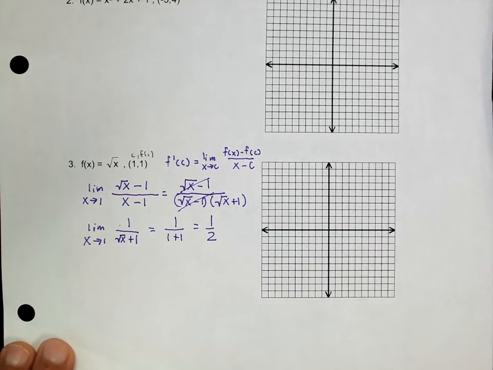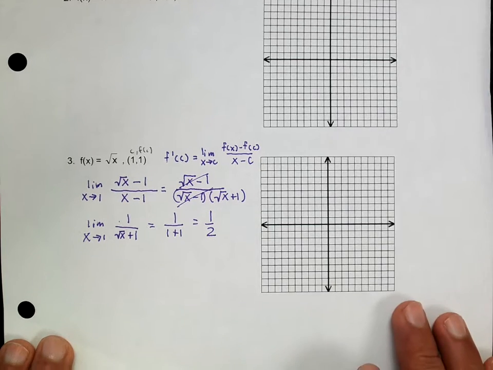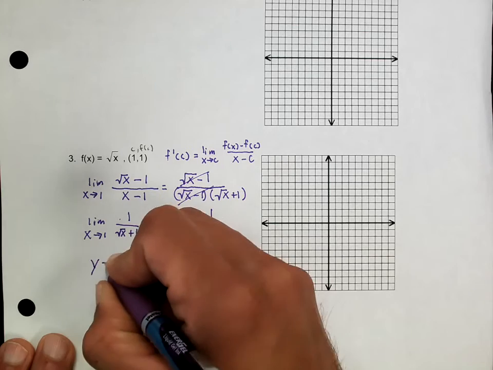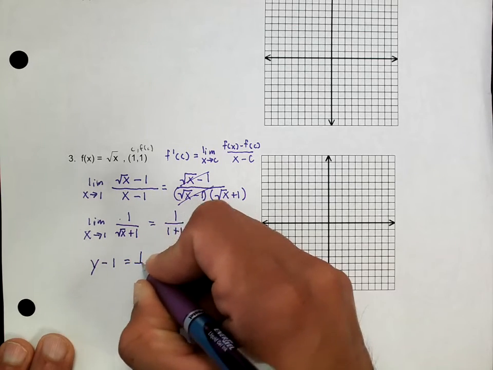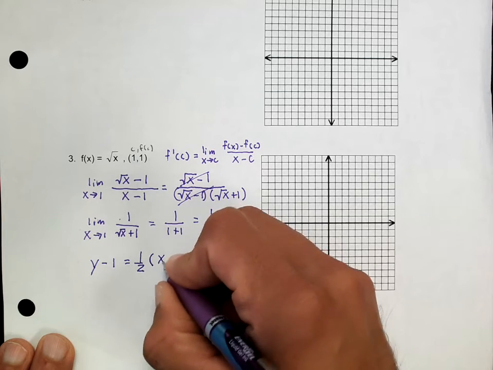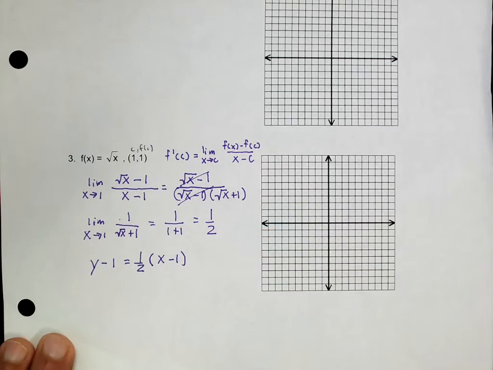Now, the next step is for you to put this into the point slope formula. So we have y minus 1 is equal to 1/2 times x minus 1. You with me? Okay.